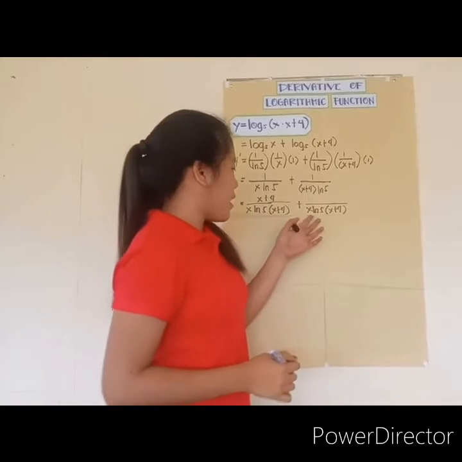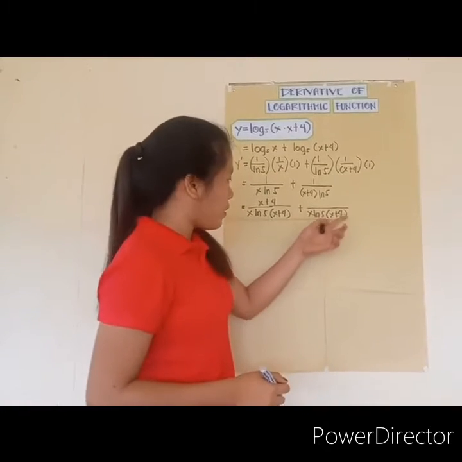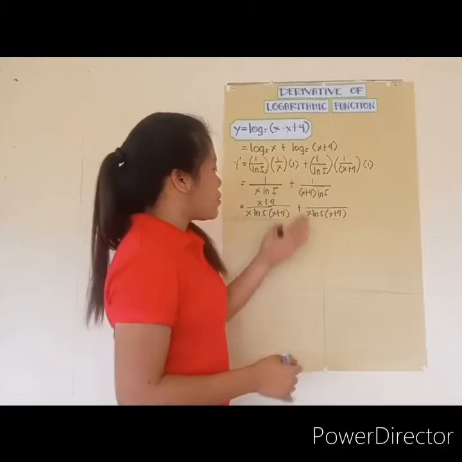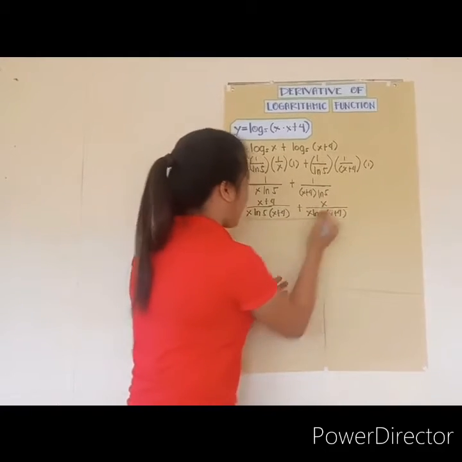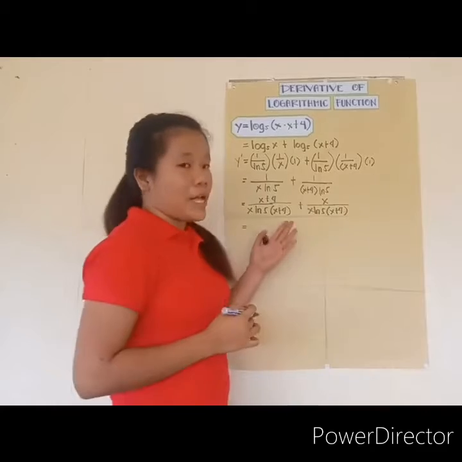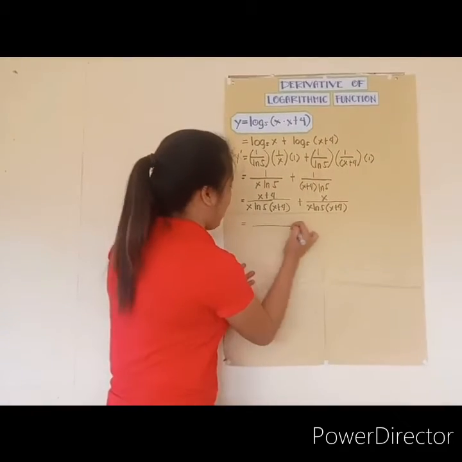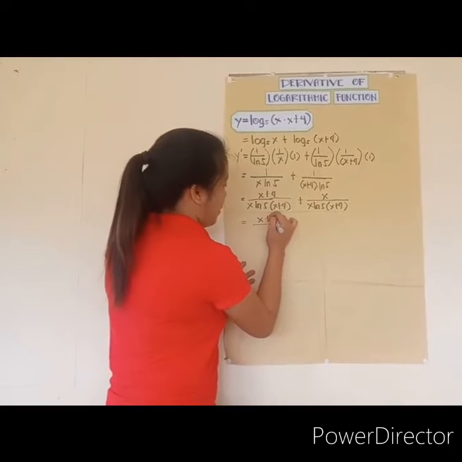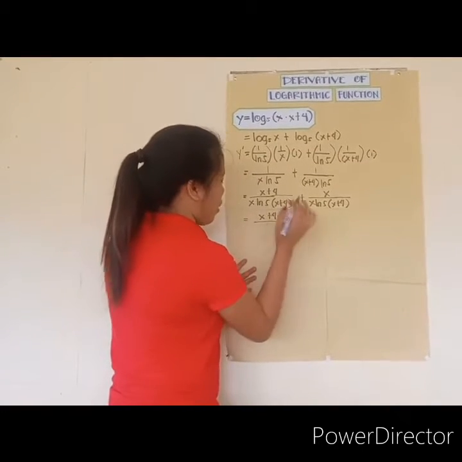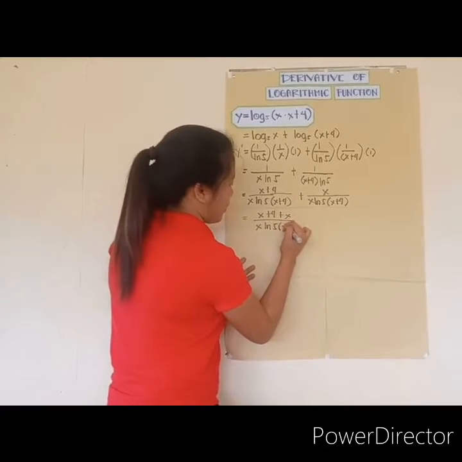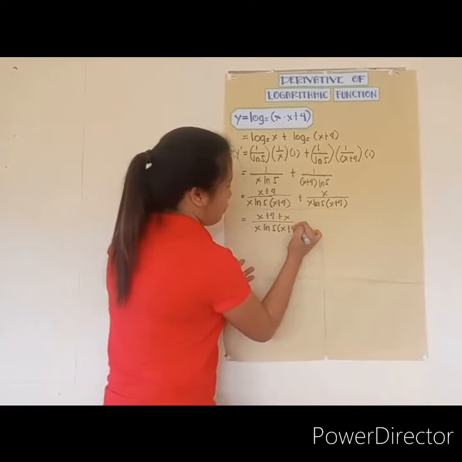Then plus x ln of 5 times quantity x plus 4 divided by quantity x plus 4 ln of 5 times 1 will become x. And because our denominator is equal, let's combine the fraction. So it will become x plus 4 plus x over x ln of 5 times quantity x plus 4.